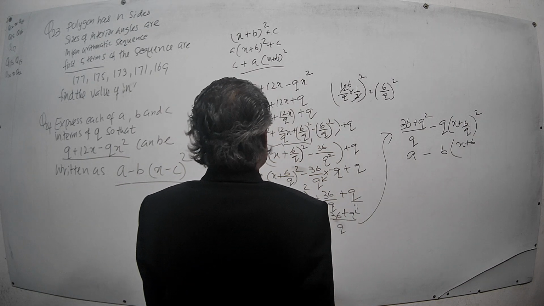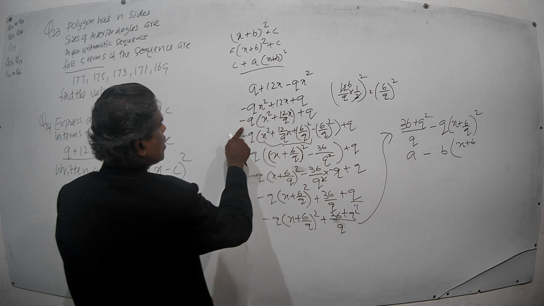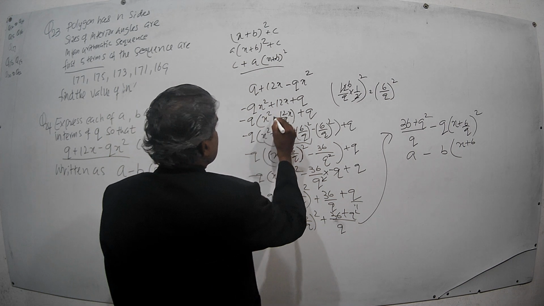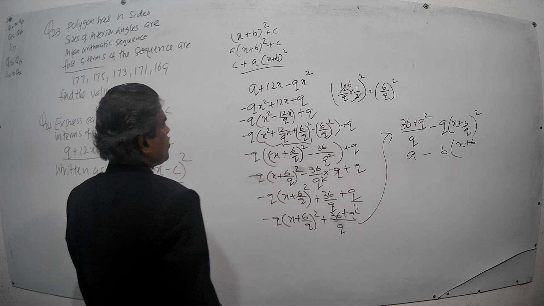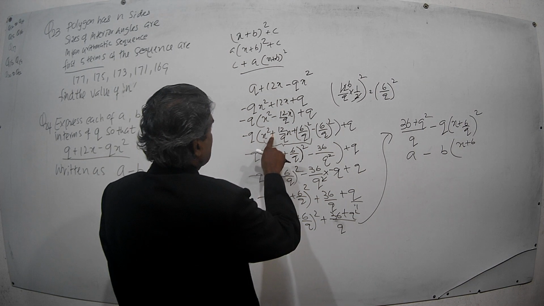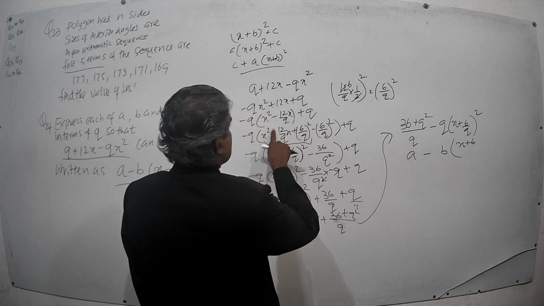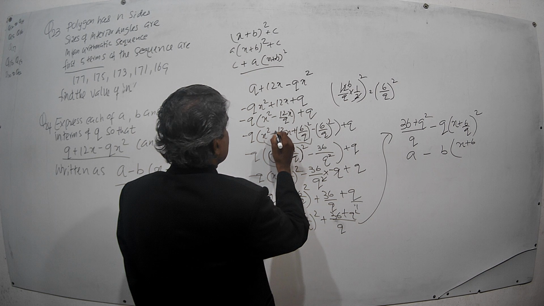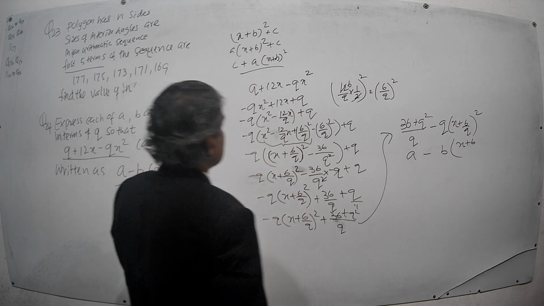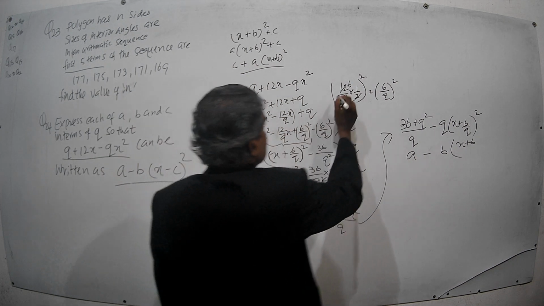We have made a mistake here. When you take this minus q out, then this positive 12 becomes negative 12 here. Here negative 12, right? Then that negative 12 here, this one becomes negative 12 also. Then you divide this negative 12 by q here.